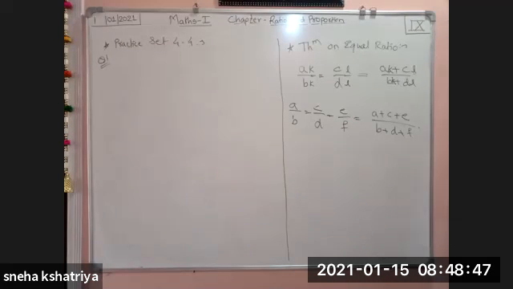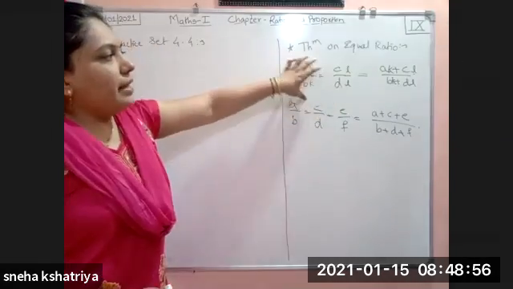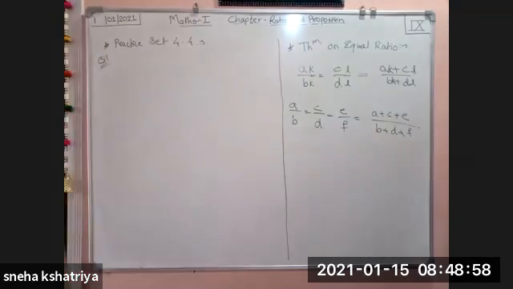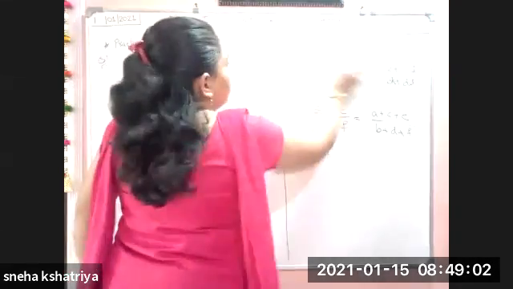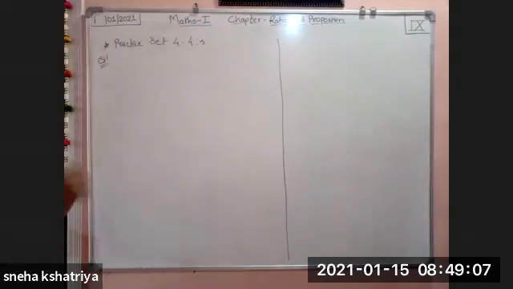So AK plus CL divided by BK plus DL. Any number multiplied to that ratio, and if these two ratios are equal, then their addition is possible. So this is the theorem on equal ratio. This theorem we have to use in our practice set 4.4.